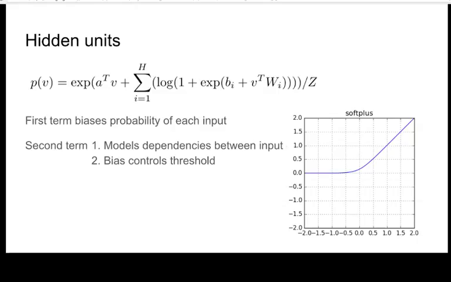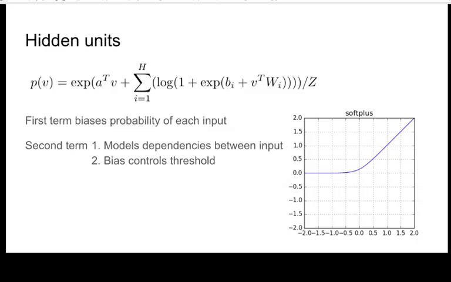So is there a question? This bias term controls the threshold. This V transpose W term indicates the alignment between the input and the weights, and the bias term tells you how high this has to be before it's significant.